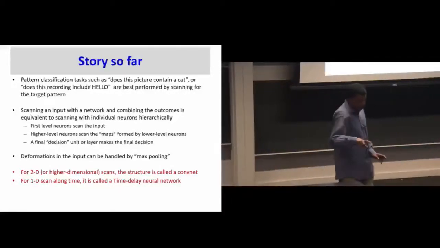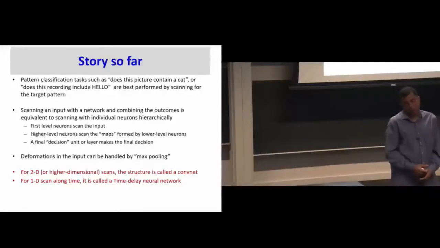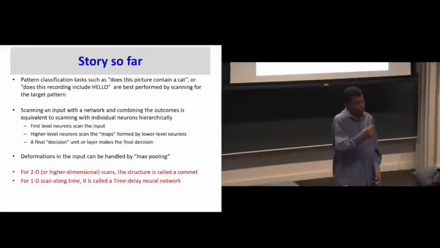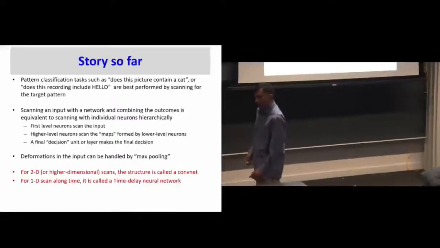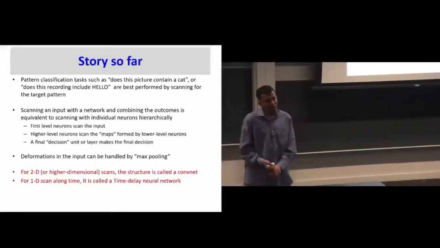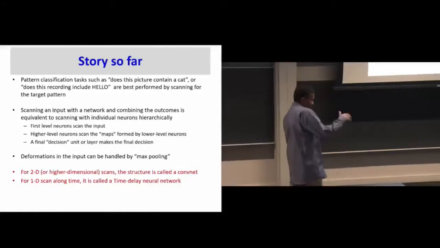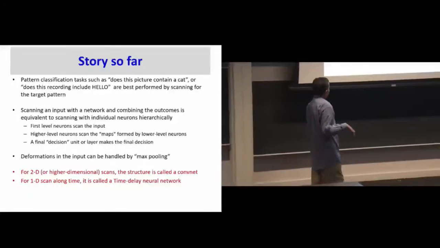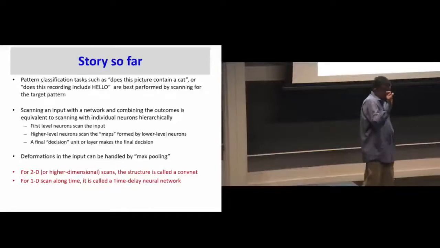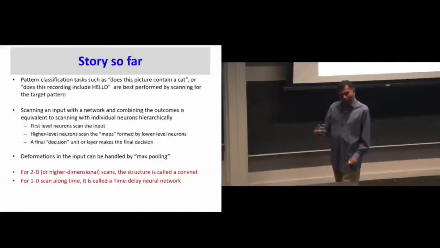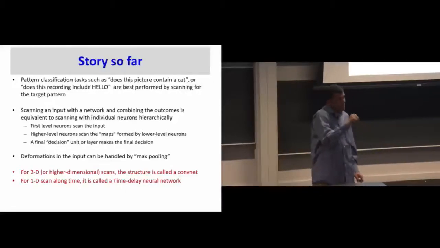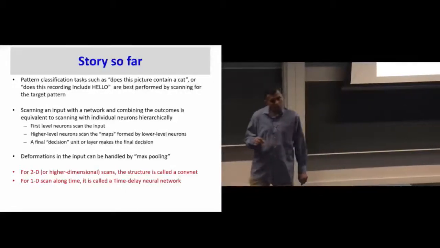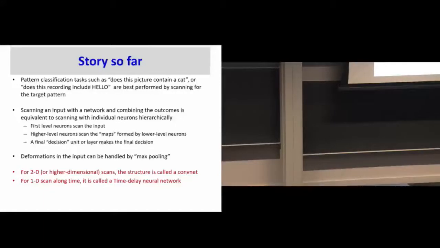Scanning the input with an entire network was equivalent to scanning the input hierarchically with the individual neurons and combining the scanned maps in the appropriate manner. If properly distributed, the lowest level neurons would capture basic patterns, and the higher level neurons would capture patterns of patterns. Each of these creates a map of the input that subsequent neurons work on.